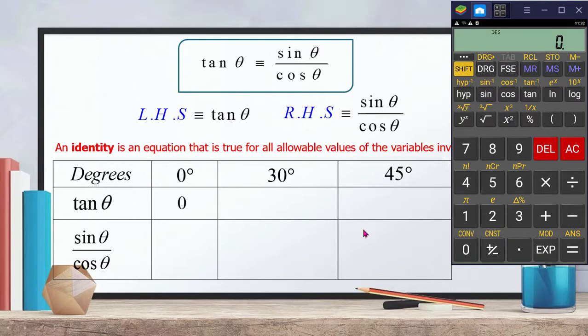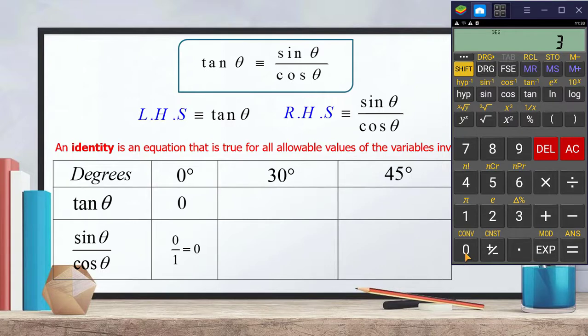And the sine of 0, we press sine, it also gives us 0. And what about the cosine? The cosine of 0 is 1, so we have 0 divided by 1, which is equal to 0. Now notice that tan theta has exactly the same value as sine 0 over cosine 0, which is 0.